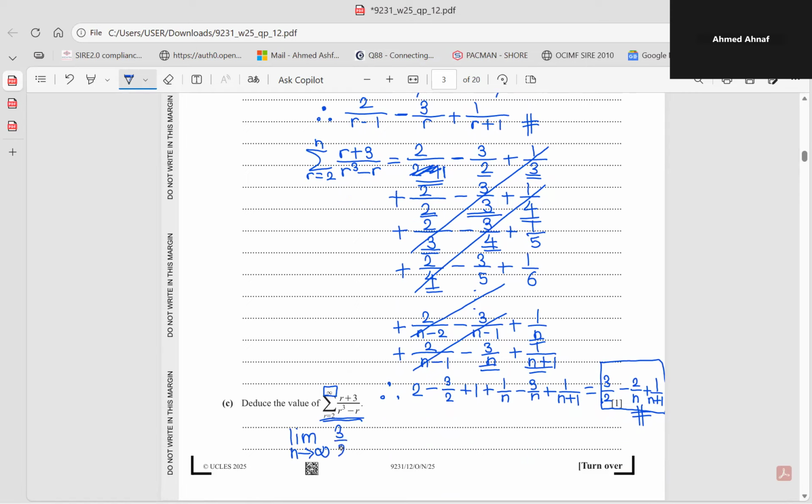So it's 3 over 2 minus 2 over n plus 1 over n plus 1. You just substitute infinity into the n. Infinity just means a really huge value. So when n becomes really huge, this would just be equal to 0. And therefore, the limit is just 3 over 2. So this would be the final answer for the entire question.